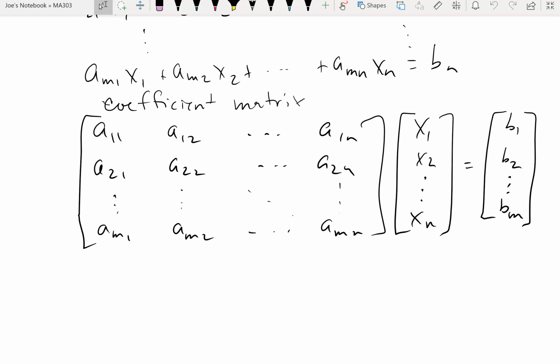If I had a second column here, I don't, but if I had a second column here, the entries in my answer for my second column don't depend on the first column at all, do they? No. Okay.